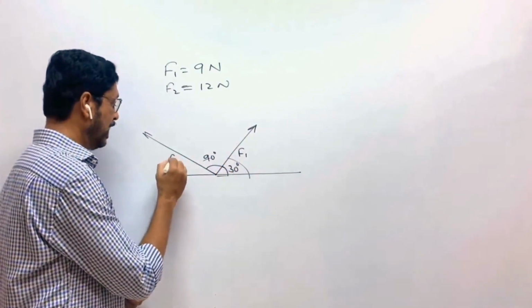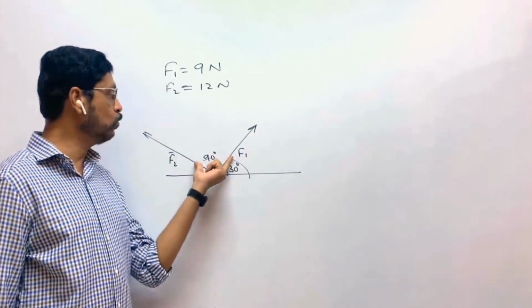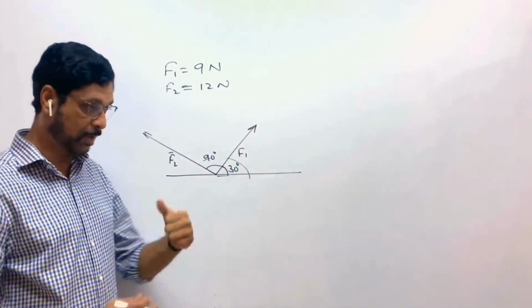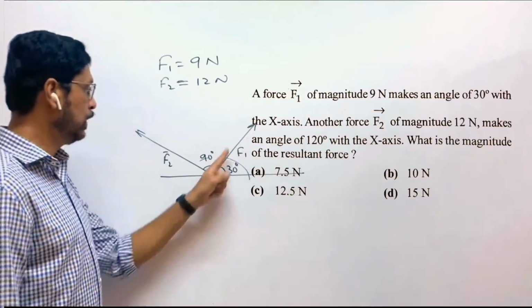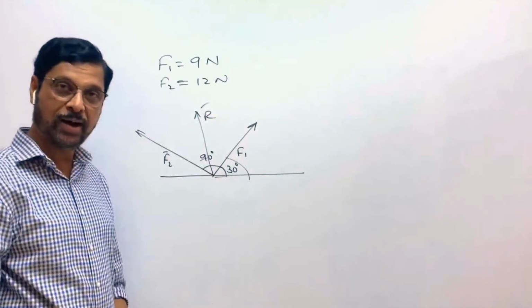Means the angle between F1 and F2 is 90 degree, means the two forces are perpendicular to each other. Okay. What is the magnitude of resultant force? What will be the magnitude of the resultant of these two?